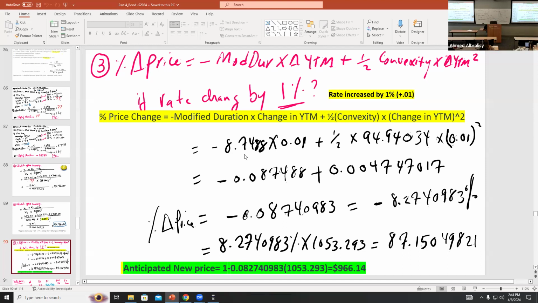So the third question was, what is the percentage change in price if the interest rate changes by 1%? We took this number from the delta change for 1 basis point, and we multiply now by this for the 1% change. Here the change in yield to maturity is 1, and we're applying the half convexity that we calculated, times the yield to maturity to the second power.